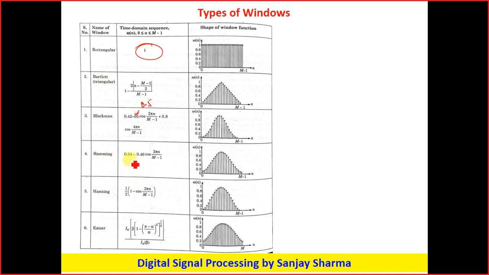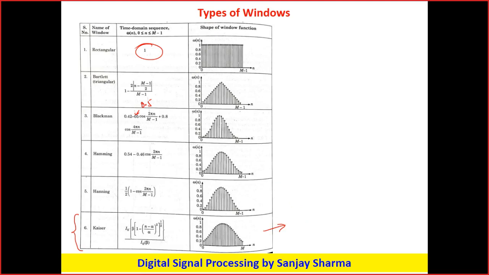Then the Hamming window is 0.54 minus 0.46 cos of 2 pi n divided by M minus 1. Hanning window is 1 by 2 times 1 minus cos of 2 pi n by M minus 1. And lastly, there is another window called the Kaiser window, which employs the empirical method for FIR designing.